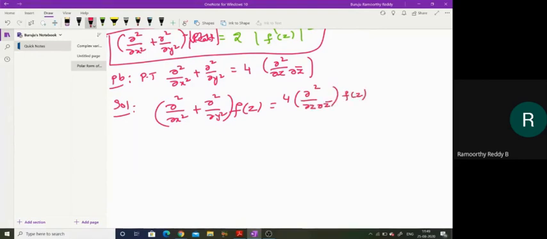So the problem looks like this. Now you already know what f of z is. This can be written as 4 times ∂f/∂z into ∂f/∂z̄, because z and z̄ are independent, they are not the same.